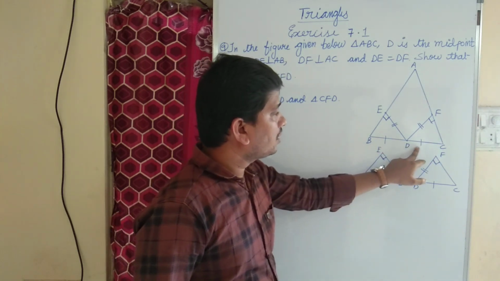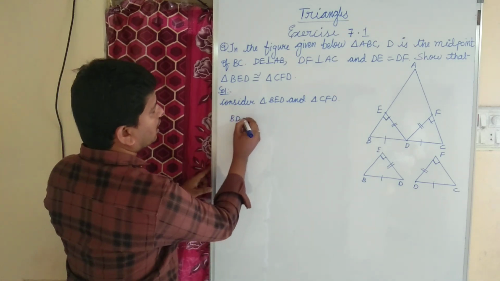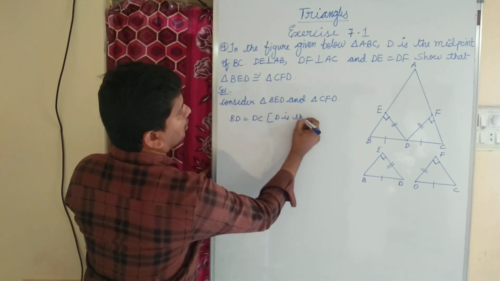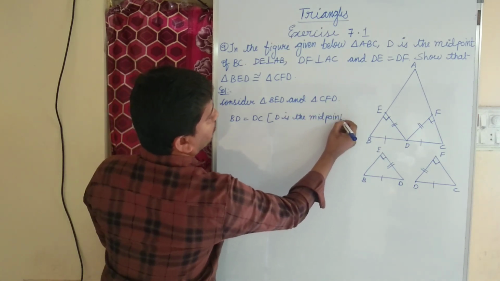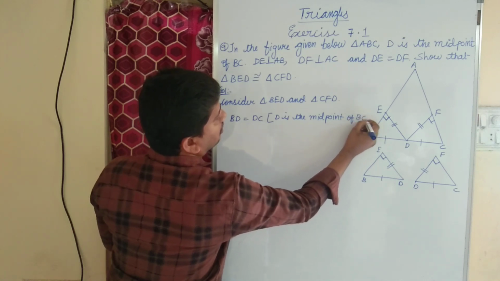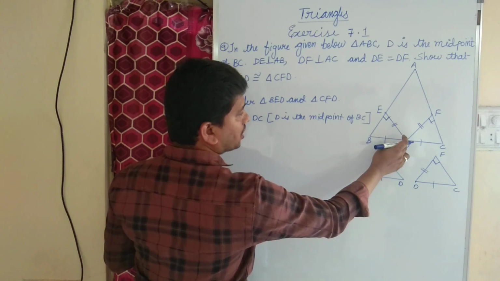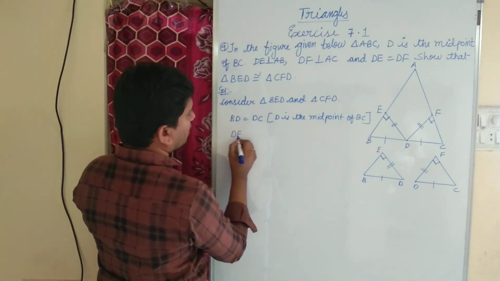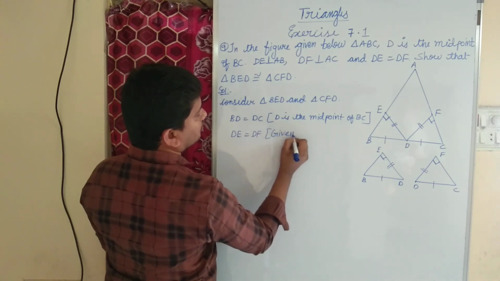Given BD equal to DC. Why BD equal to DC, children? Because D is the midpoint of BC. And second one, as it is given in the question, DE equal to DF, the length of DE is equal to DF.